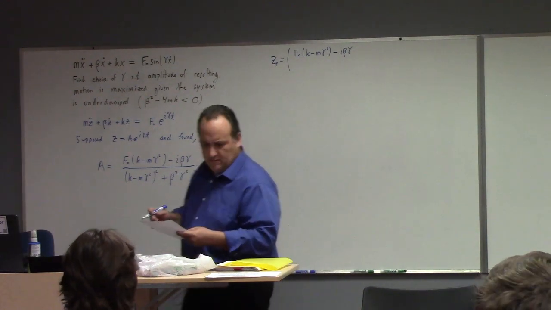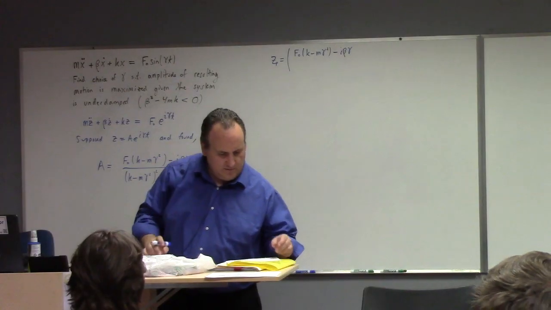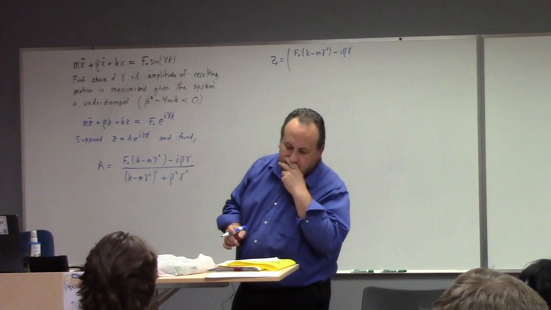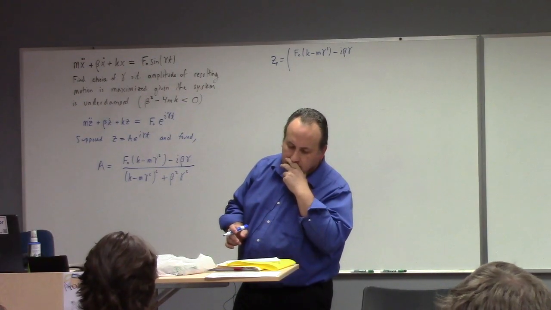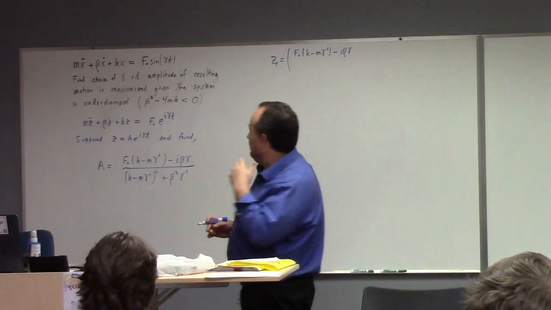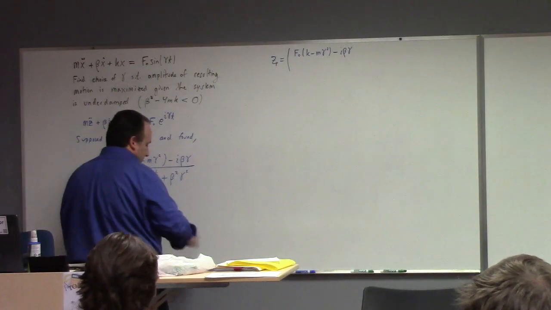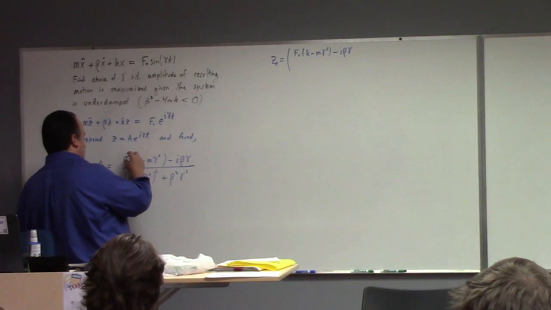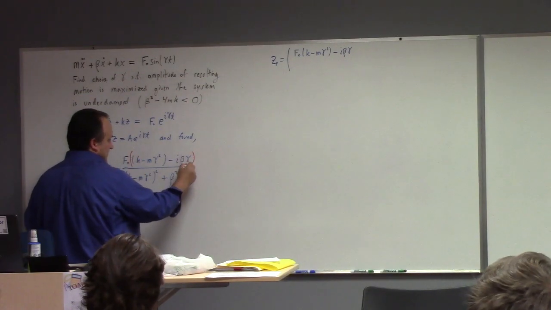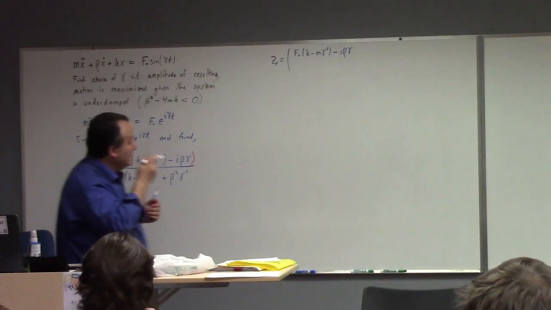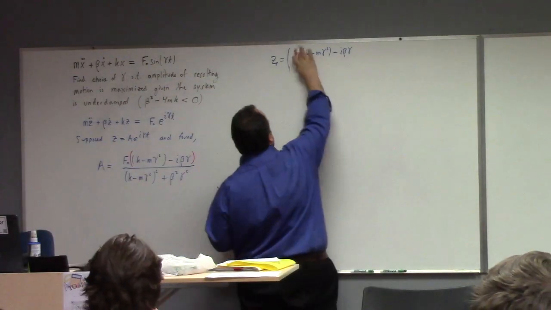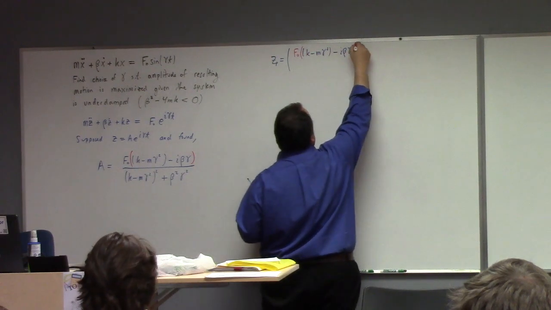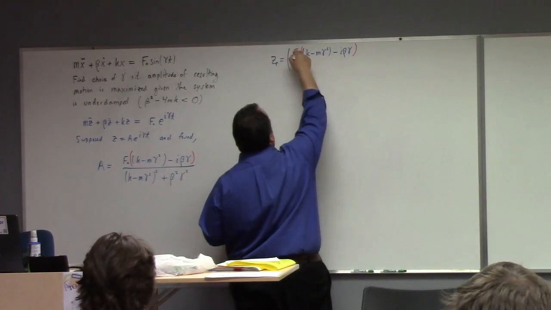I'm a little suspicious. I think I copied it down wrong. I'm pretty sure there are parentheses here, right? You guys have to look back at last time. Yes. All right, so f naught. Otherwise it'd be dimensionally inconsistent. Anyway, so f naught like that.